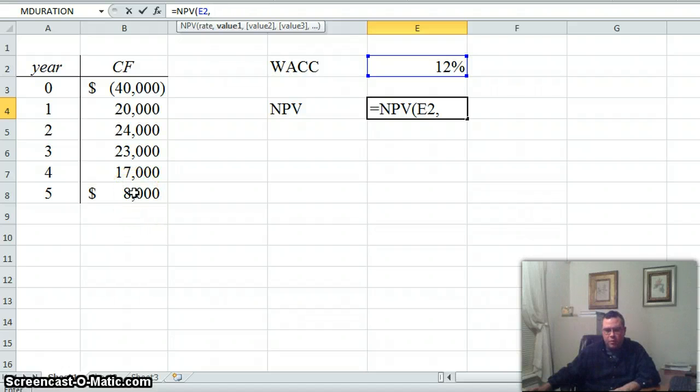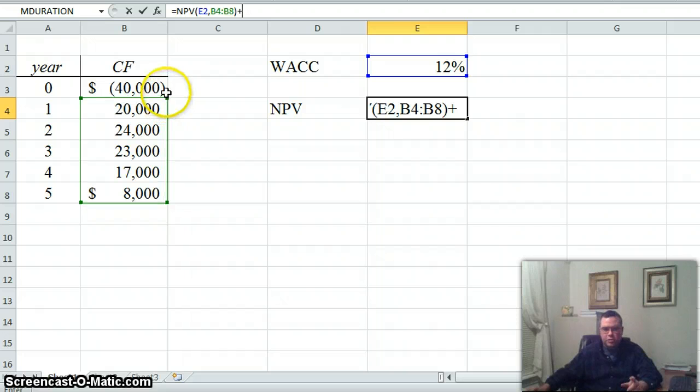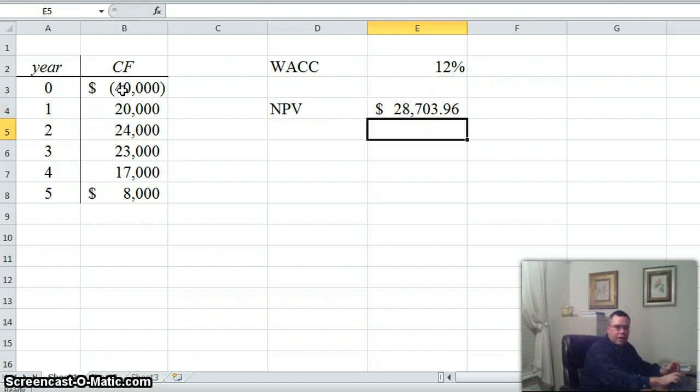The way NPV works, I talked about this in a past lecture, it's a little goofy. You don't put your year zero in, you put all the others in. Close your parentheses, but then you add in your year zero. Your year zero is always already a negative number. If it was listed as positive, which it shouldn't be, that would be a little goofy, but if it was listed as positive, you would have to subtract it. But I'm just going to hit plus that number and then hit enter.